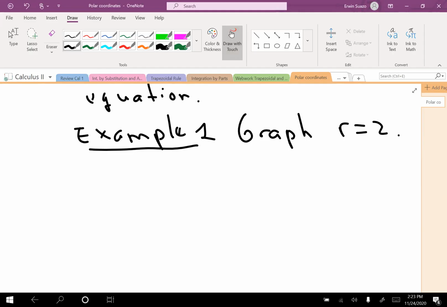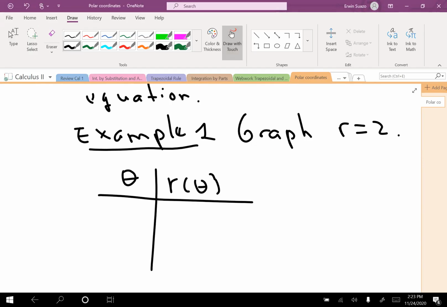So what you do, you place theta and then you place r of theta. That's basically your function. Or you can call it f of theta.